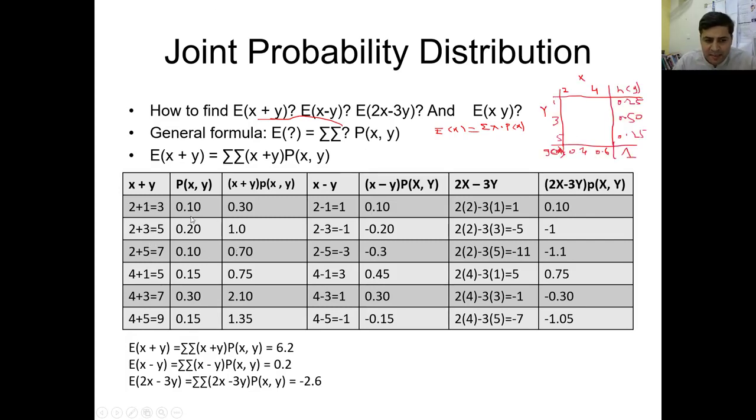Now they want to find E(X+Y). We have two values for the random variable X, and three values for the random variable Y. Now we want to add these, and use their joint probabilities to calculate the mean, because this represents the mean.